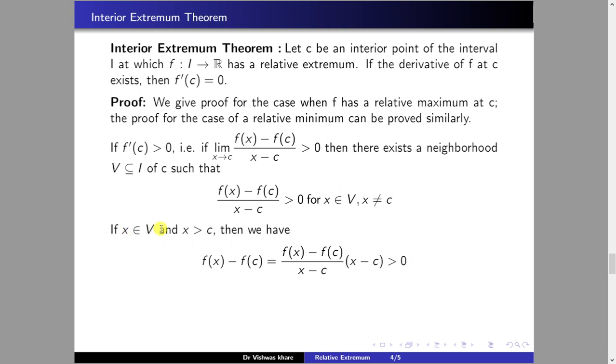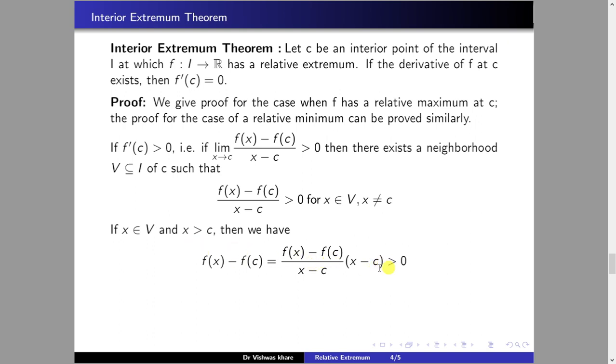Now if x belongs to V and x is greater than c, then we have f(x) minus f(c), which can be written as (f(x) minus f(c)) upon (x minus c), which is a positive quantity, times (x minus c), which is also positive because x is greater than c.